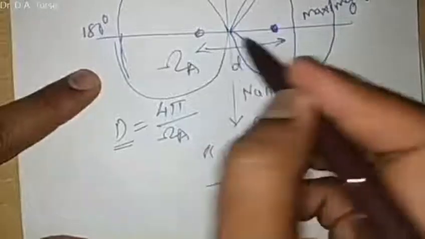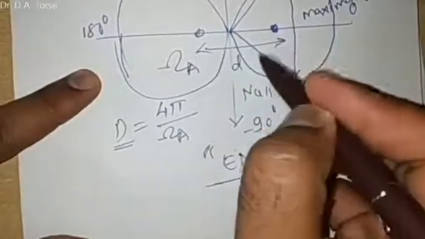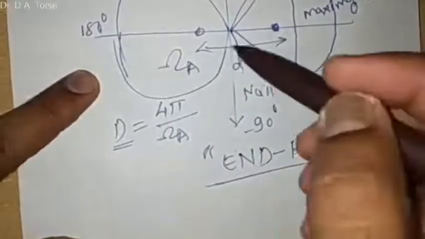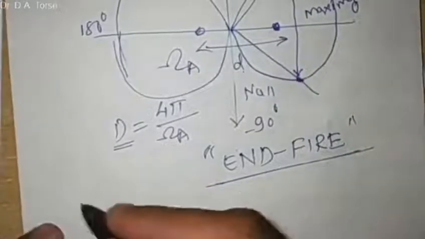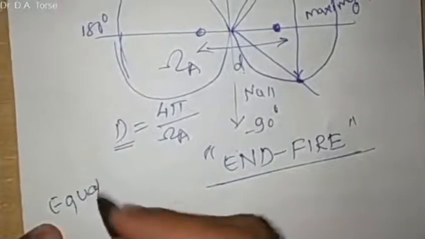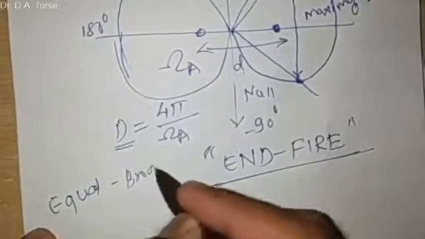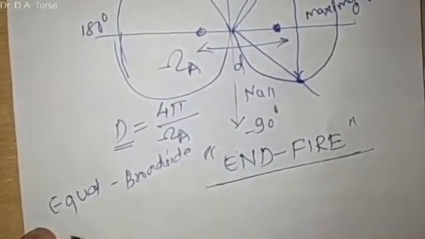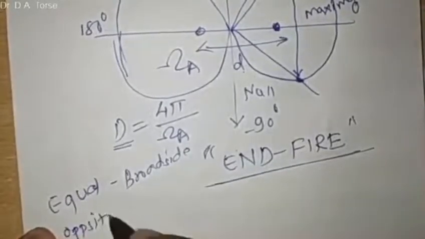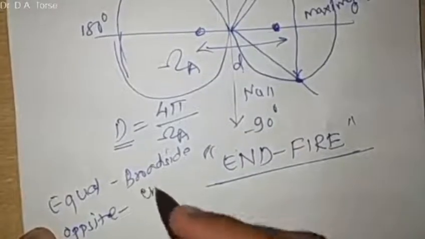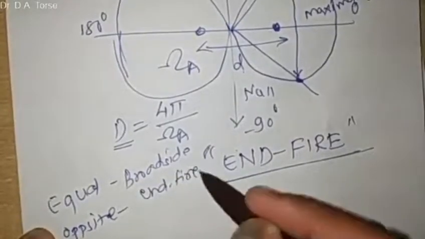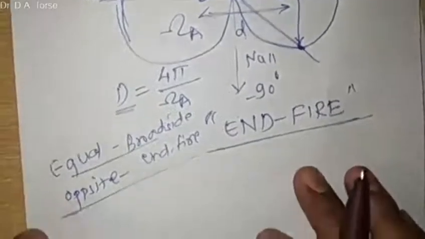The distance between the two point sources was the same, D. So with equal phase, we get broadside, and with opposite phase, we get Endfire. So these are two very important array types.